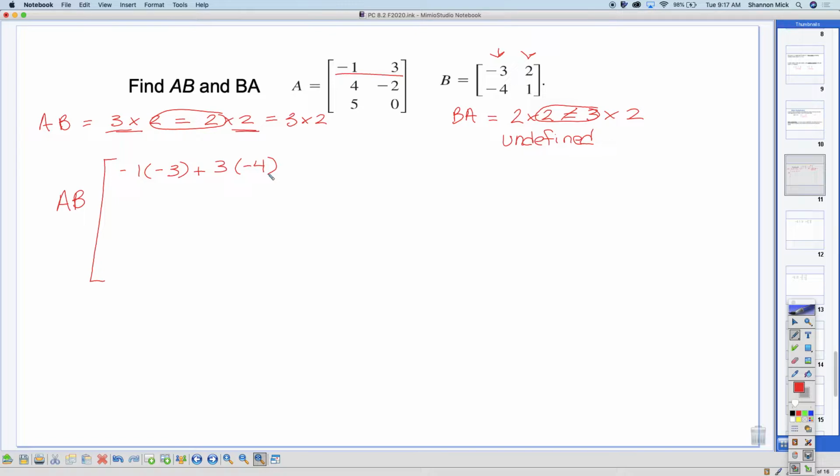So -1, 3 is in the first row of A, and -3, -4 was in the first column of B. So that is going to be one element, your first element in your 3 by 2 matrix. Then you have to take your first row times your second column. So it's going to be -1 times 2 plus 3 times 1.